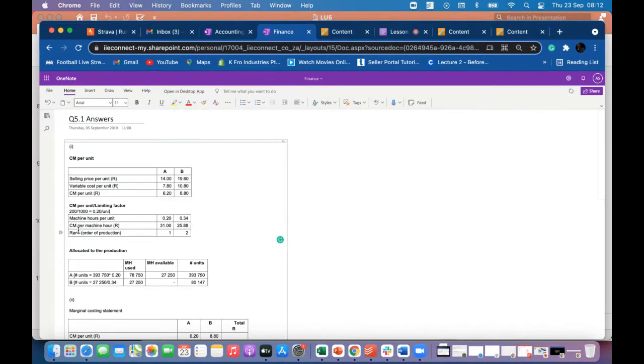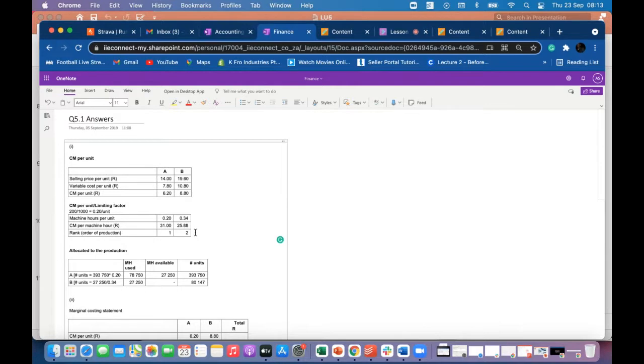Then we say to ourselves, okay, the marginal income per machine hour for A is 31 Rand. And the marginal income for B is 25 Rand 80 cents.